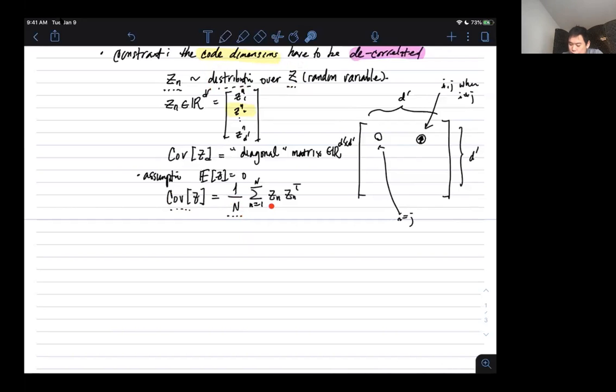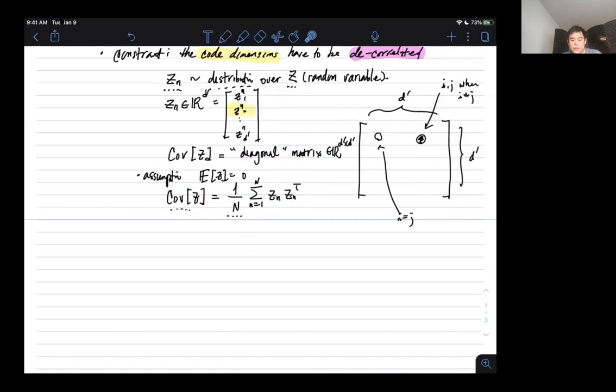For each code vector, zn times zn transpose gives us an empirical estimate of this covariance matrix. And then the constraint that we put is that this estimate of the covariance matrix of the code vector is diagonal.